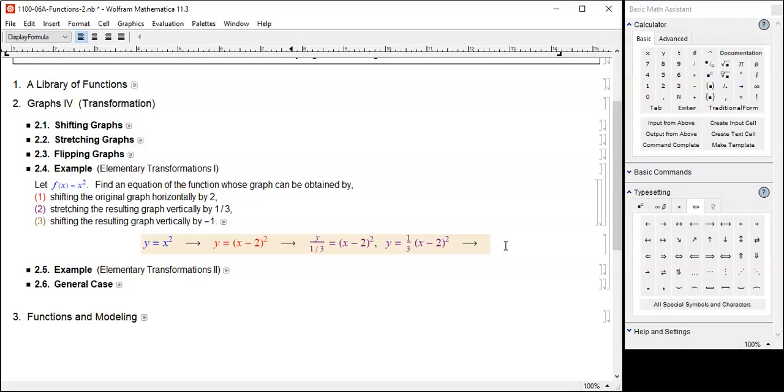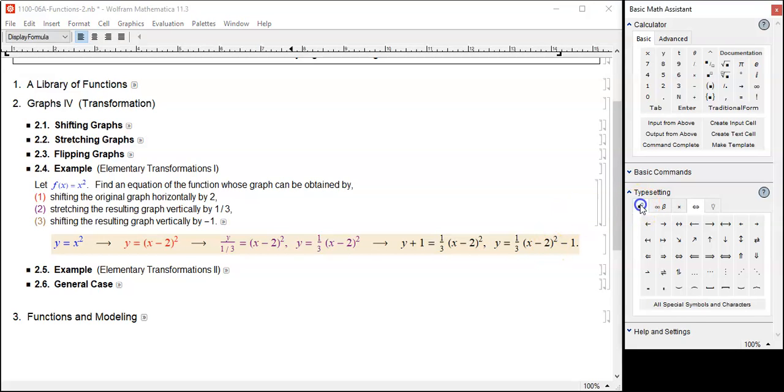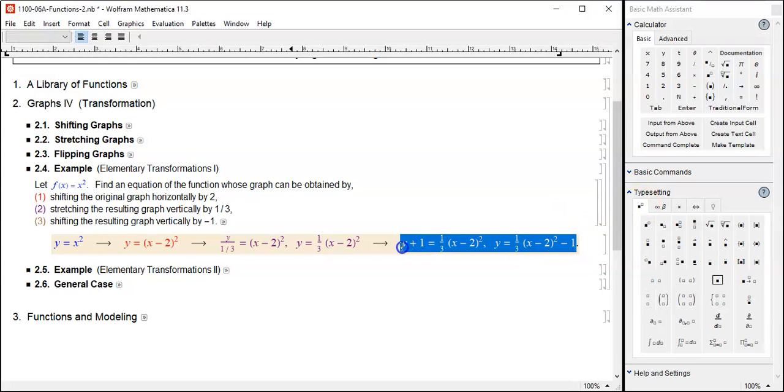So remember the inverse operation. Y plus 1 is equal to whatever that was before, 1/3 times x minus 2 squared. And then flipping plus 1 to the other side, y is 1/3 times x minus 2 squared minus 1. And this is going to be the final expression.